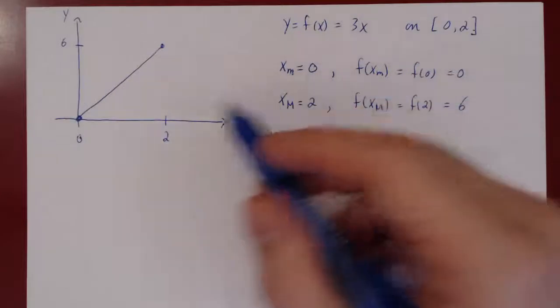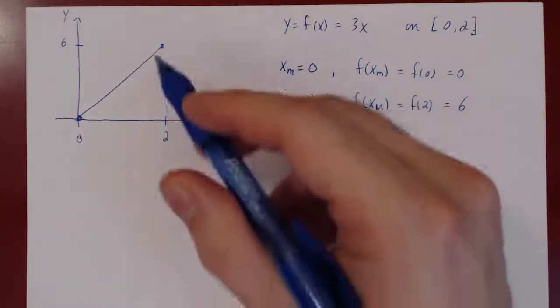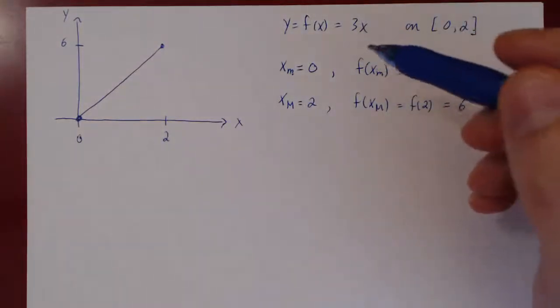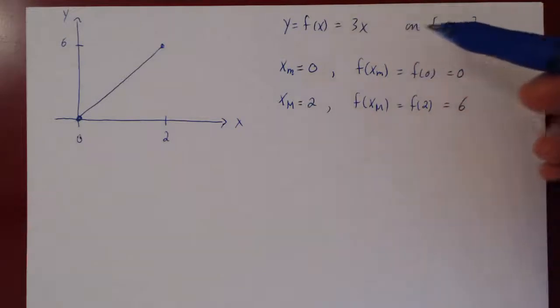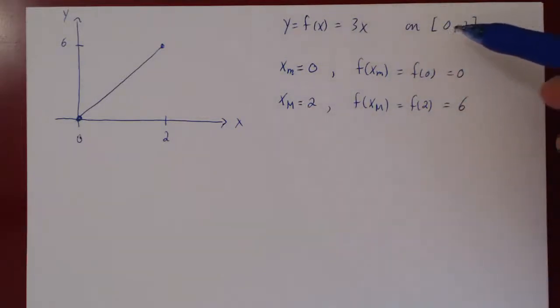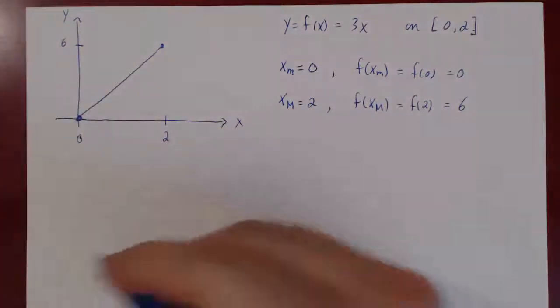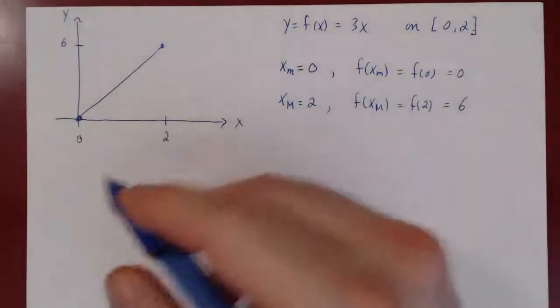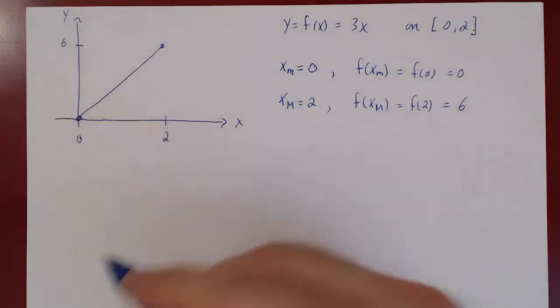As you can see, the minimum occurred at the left-hand point, and the maximum value occurs at the right-hand point. So one must consider the endpoints. So this is our first observation. We have to consider endpoints as possible absolute minimum or absolute maximum.